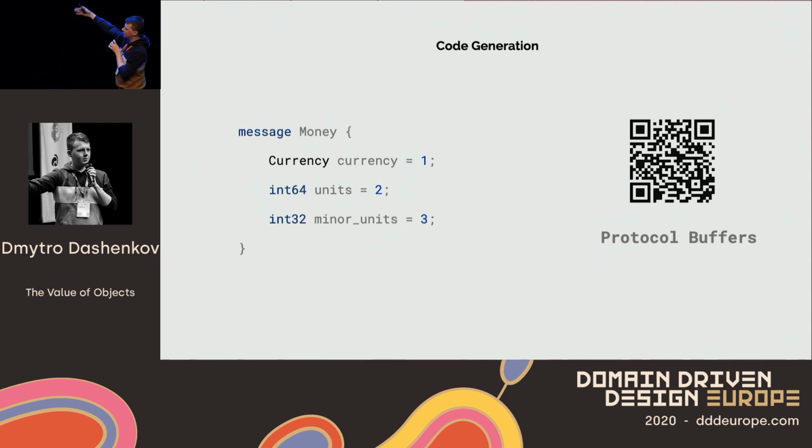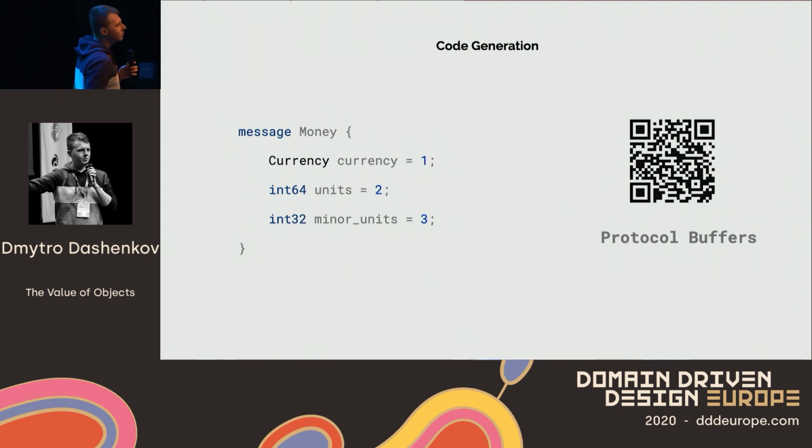The source looks something like this. The main benefit of this is having the exact same model always on the back end and on the front end, which is helpful.